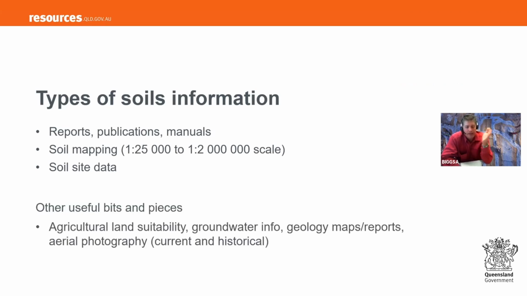As with a lot of other states, in a lot of those reports there are things like land suitability maps and land suitability frameworks. There's block diagrams or 2D diagrams of how the landscape is put together, how the soils fit in the landscape, things like that.